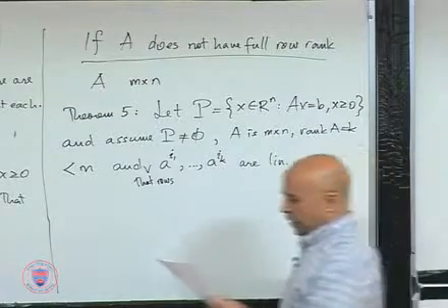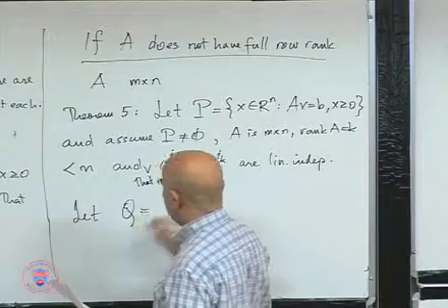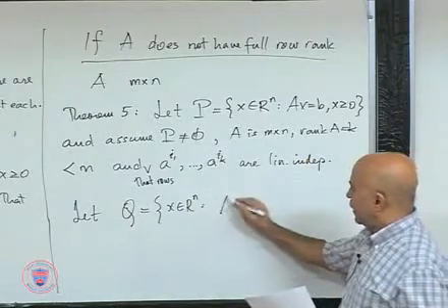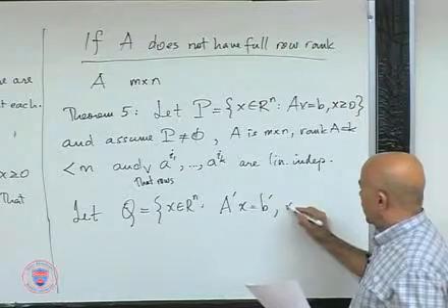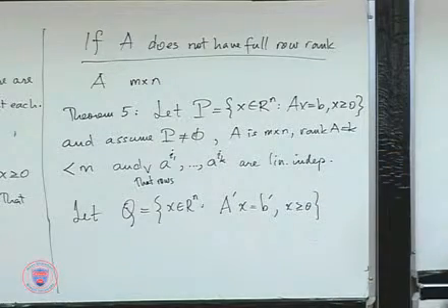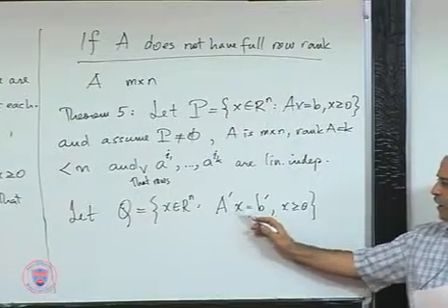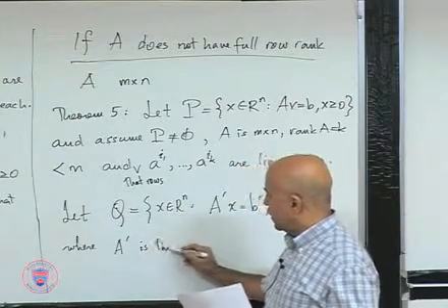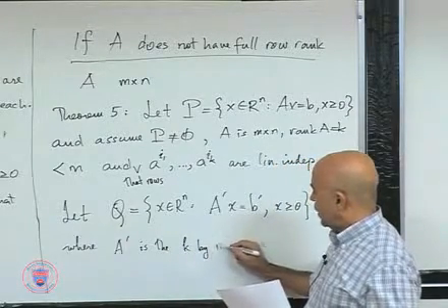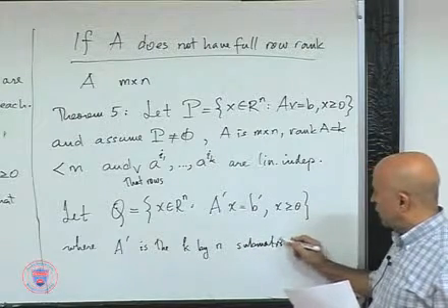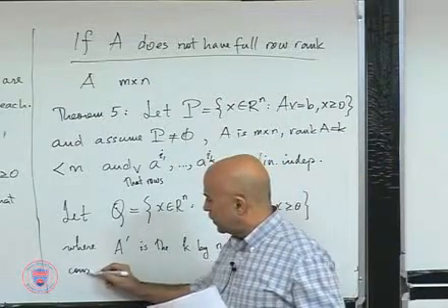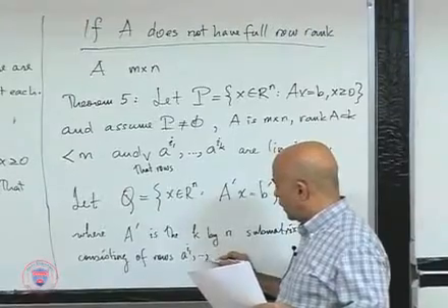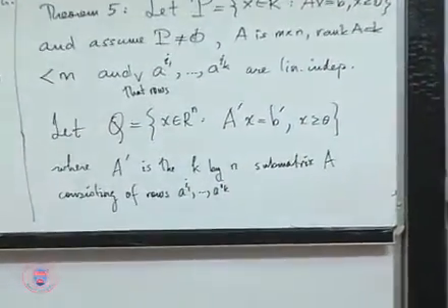All right, so under these conditions, if I define a new polyhedron, Q, consisting of the set of points x in R^n, where non-negativity is still preserved, except that the equality part is replaced by A'x = b', where A' is the k by n submatrix of A consisting of rows a_i1 through a_ik. So you take these linearly independent rows and put them in a matrix.